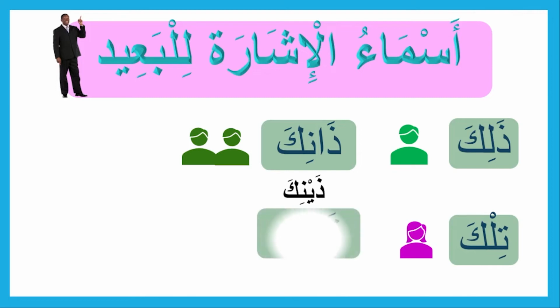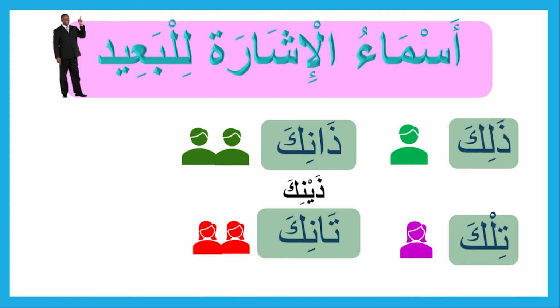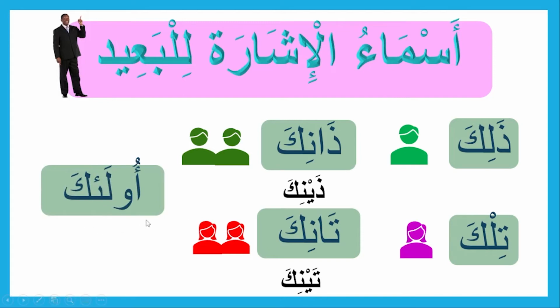Next one is تانك. تانك is the مثنى for تلك. تلك for one female, تانك for two females. You can also see تينك instead of تانك, the same rule as ذانك وذينك. Last one here is for plural: أولئك, for جمع, for all the feminine and masculine people, not objects as we learned before. So ذانك وتانك وأولئك are translated as those in English.